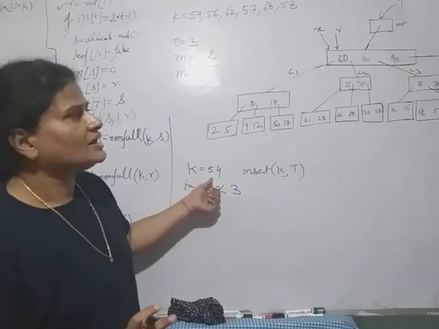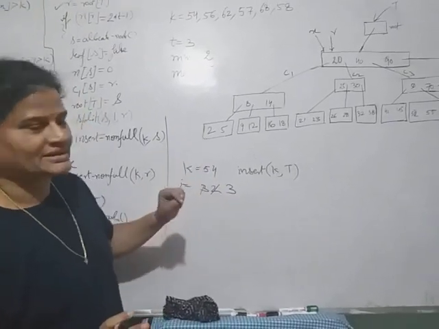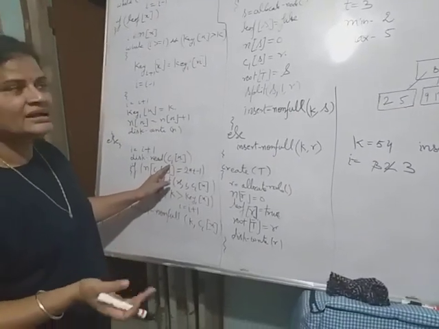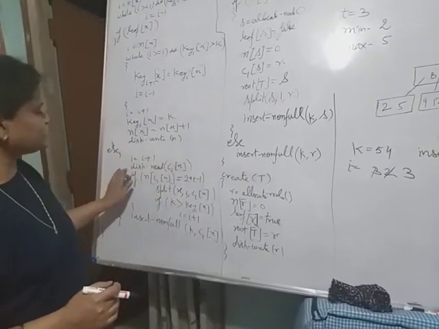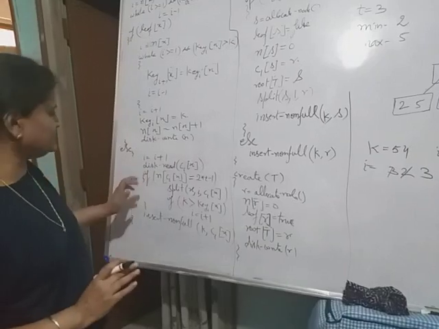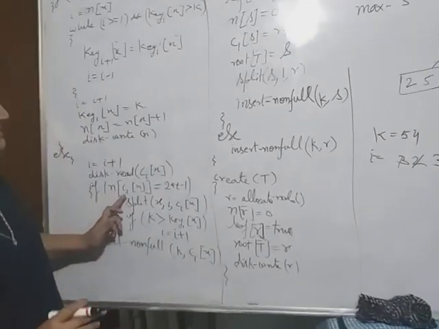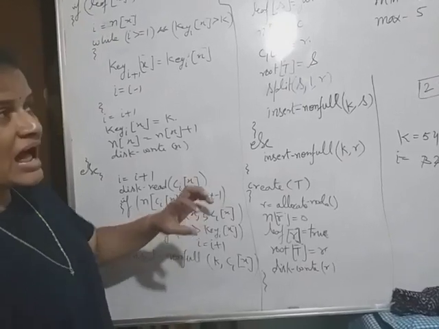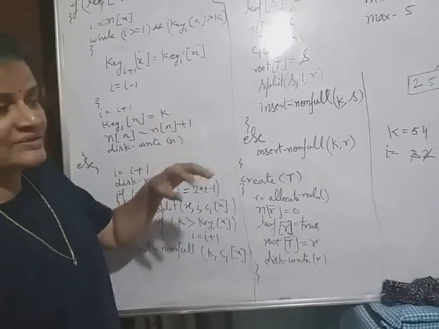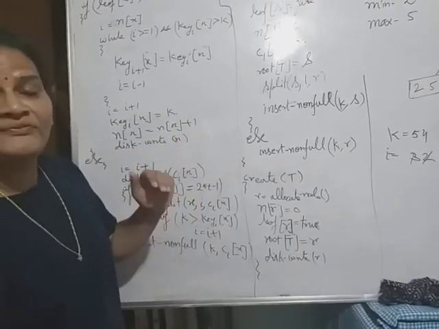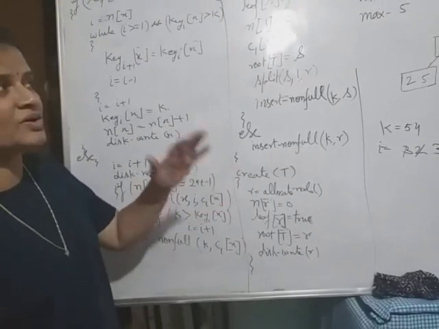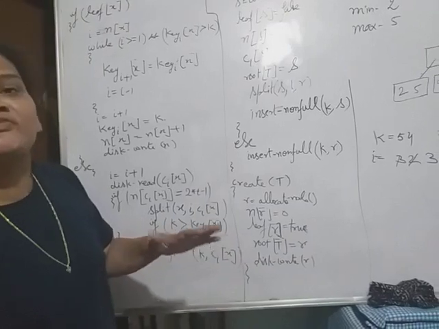So here C3 is read from disk. When you implement it, it is not required that you write disk read. After reading C3, the number of elements in C3, the third child of x, is checked to see whether it is full or not.